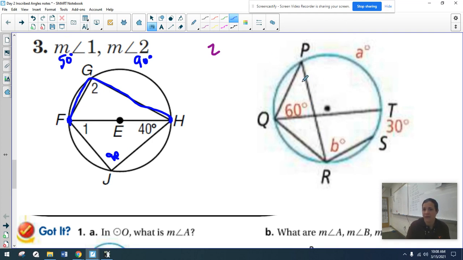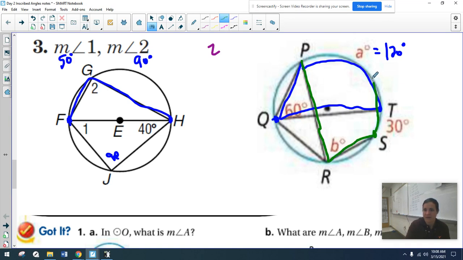Okay, over here, I'm looking for the A. So if you use this angle, which makes the arc A, then you can see that it's inscribed and we're just doubling 60. Okay, next I can do B. So if I look at B, B goes from here to here.